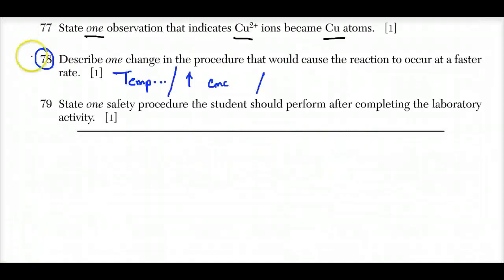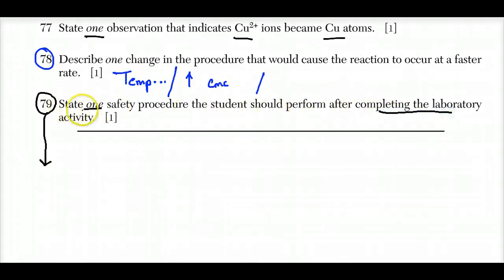Number 79. State one safety procedure, just one, that the student should perform after completing the laboratory activity. Again, this is a common sense question. You could probably make up anything as long as it has something to do with being safe in the laboratory that makes some sort of sense. So this has to be after completing a laboratory procedure.